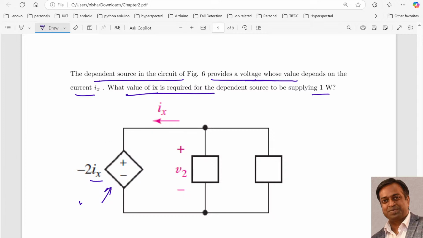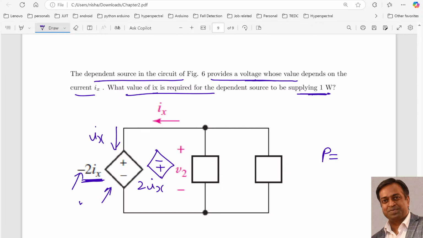Over here, power supplied is 1 watt. If we look at this, the current is Ix, right? The voltage across it is minus 2Ix. Before calculating the power, I need to change the sign. I need to put it as minus plus, and with minus plus I will put it as 2Ix. Why?